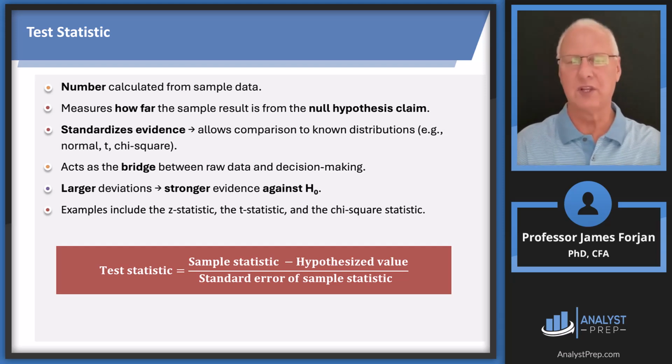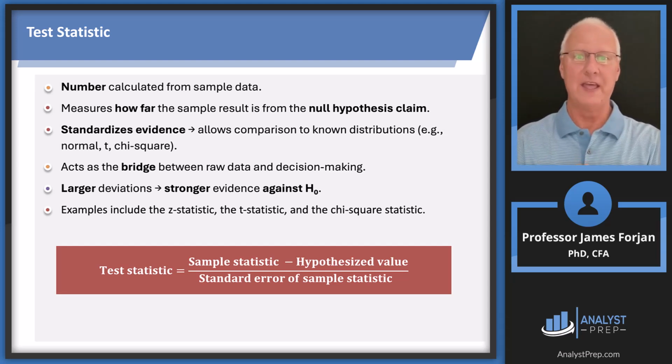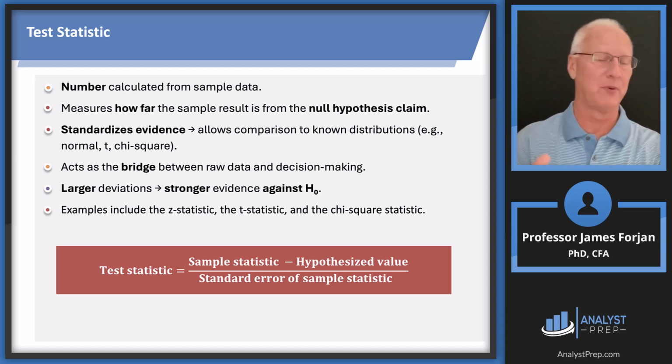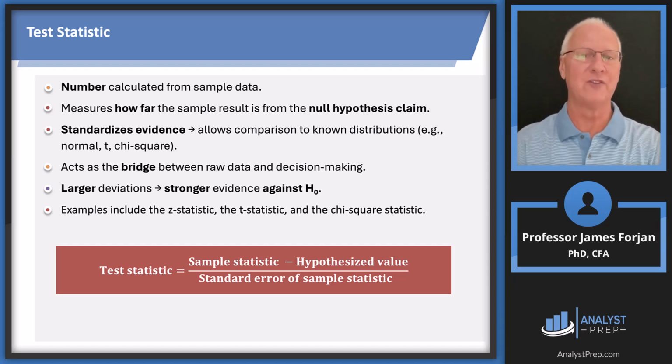And that sample statistic could be the mean or the standard deviation. But here's the deal. This is why I was saying to you earlier to think of it as two people arguing. And it's not really an argument, but that's represented in the numerator. We have the hypothesized value and the sample statistic. And so we have a minus sign in there to see if there's a difference between the two people.